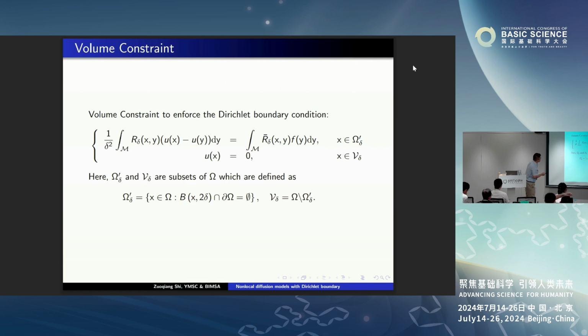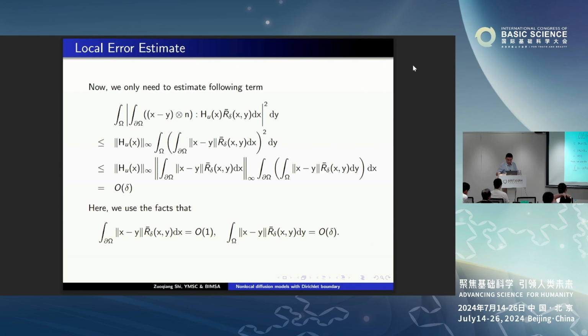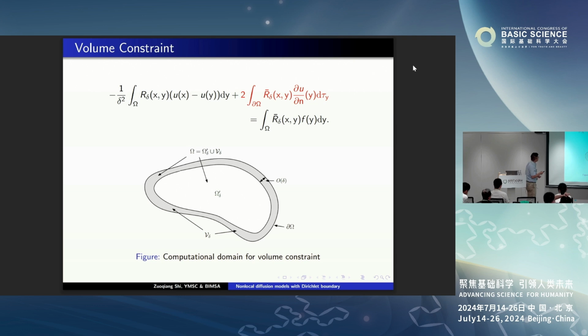The width of this layer is associated with the width of the kernel, the support of the kernel. Which means that, based on this integral approximation, the support of this boundary term is also in a small layer adjacent to the boundary.